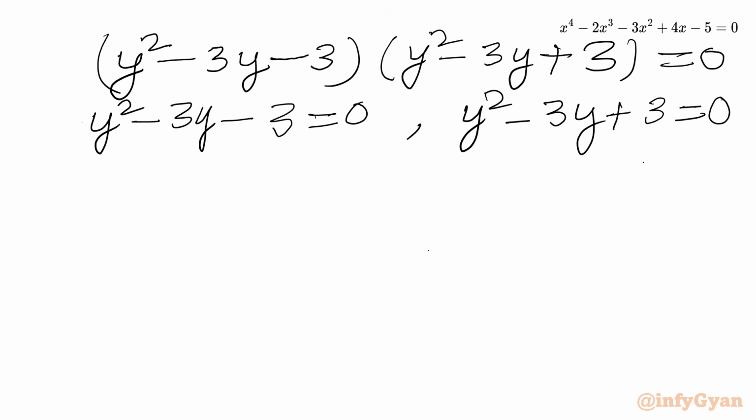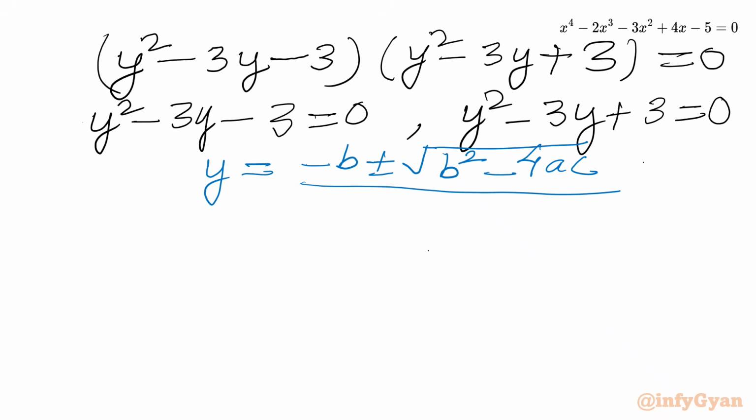Both equations are quadratic equations. We can use the quadratic formula. So let me write the formula once. y equal to minus b plus minus square root of b square minus 4ac over 2a. For the first equation, we have a equal to 1, b equal to minus 3, and c equal to minus 3.